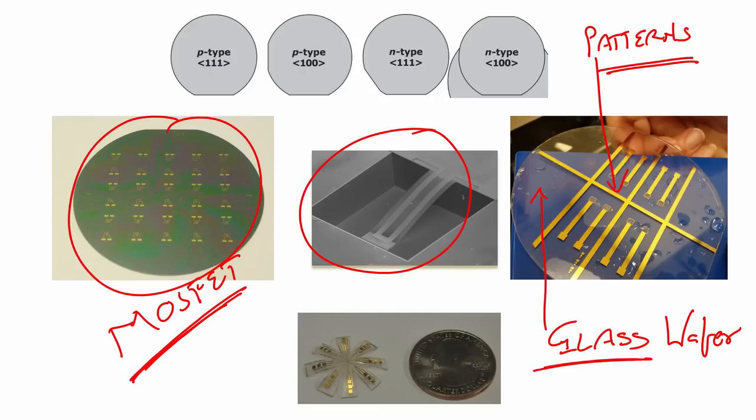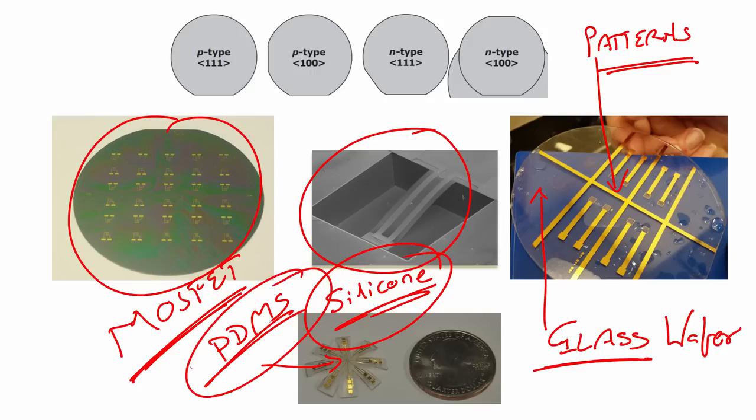Finally, what you see here is PDMS, it is also called silicone. This is soft, this is flexible.